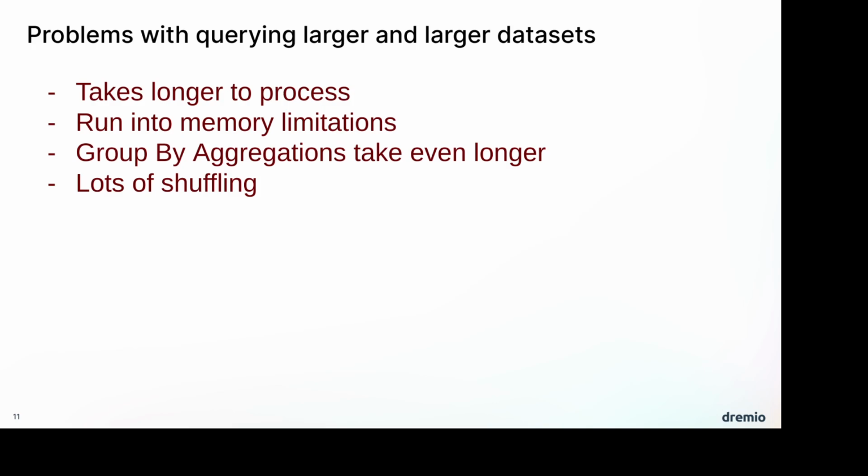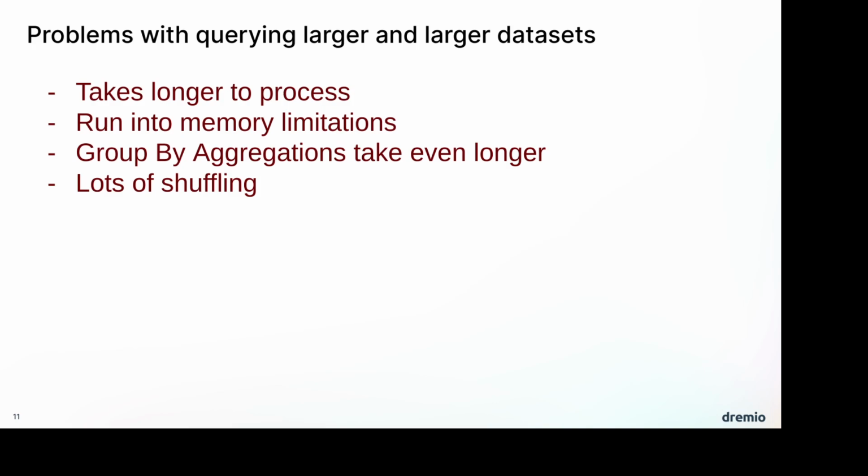And this is where, in those cases where you're really pushing the limits of particularly the Dremio engine, which again generally can handle quite a bit, when you hit those edges, reflections are going to be a feature that helps you quite a bit. But again, the issue you have is when you're querying those larger data sets, you're going to start seeing that it takes longer and longer to process the data. You're going to run into memory issues, because sometimes the data set's larger than the memory that you have across the nodes on your cluster.